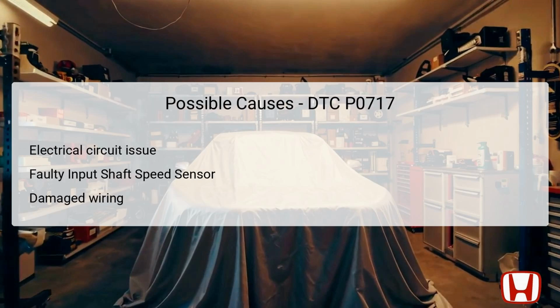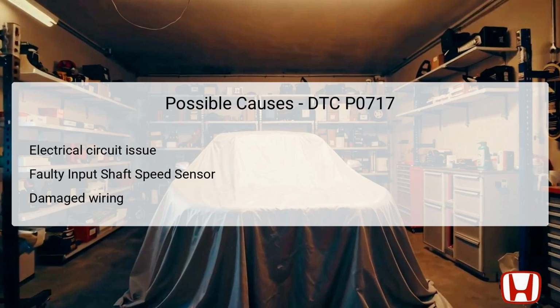The primary causes for the DTC P0717 can be classified into three categories. First, an electrical circuit issue is a common root cause, as the code indicates a no-signal condition from the input shaft speed sensor A. Second, the sensor itself may be faulty and not providing accurate readings to the TCM.